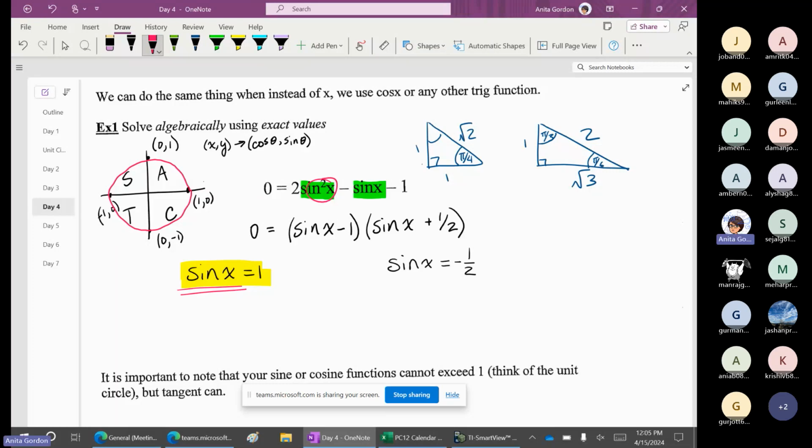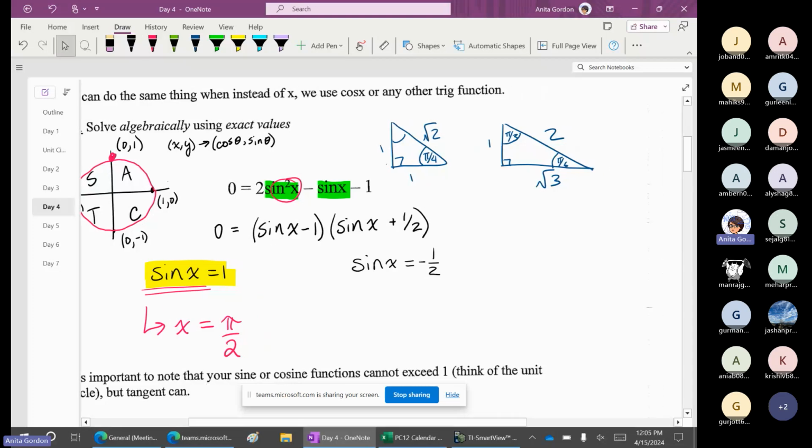Top of the circle, 90 degrees, or if I were to do this in radians, sine x is 1 when x represents how many radians? What's the top of the circle represent? Pi over 2. So that is my final answer.